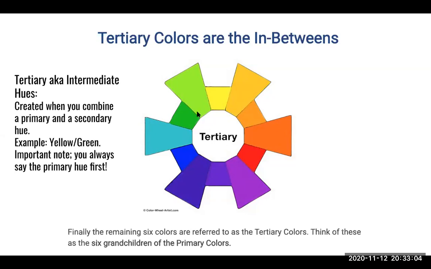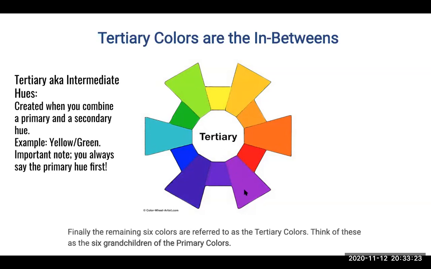And then I would say this yellow green is in between a cool and a warm color. It's in the in between. And then this tertiary red violet would also be an in between. It's like a cool violet that has some warmth in it because we added some red.